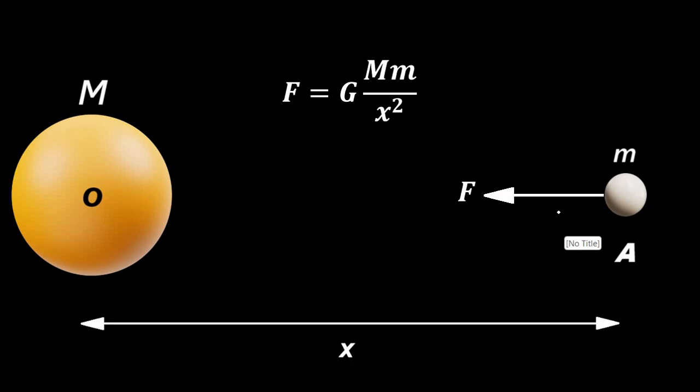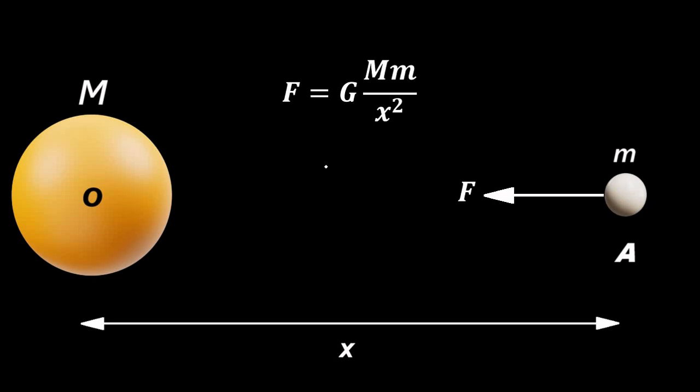Okay, so in this case, the mutual gravitational force is F = GMm/x². For keeping things simple, let's say this large mass, capital M, exerts a gravitational force F towards it.